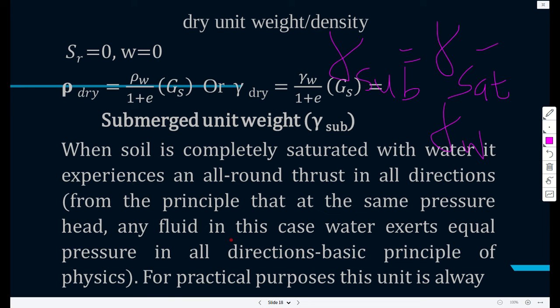Now this is important because when the pore water pressure increases, if you've seen, there's something we call quicksand condition. This is in small scale, but in large scale it's called liquefaction.